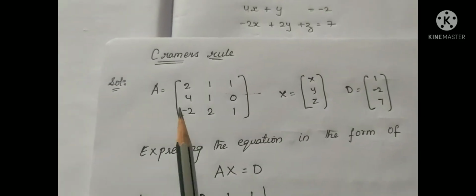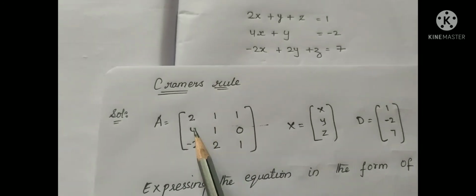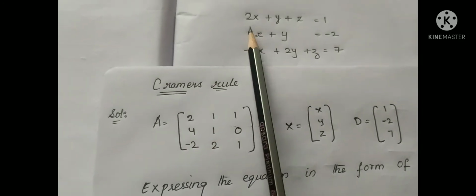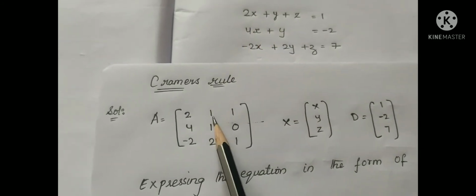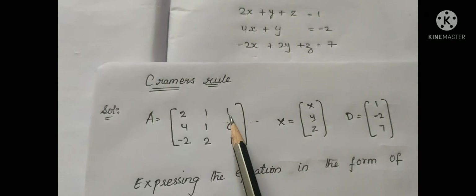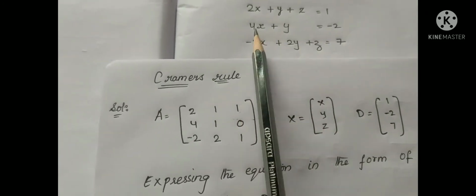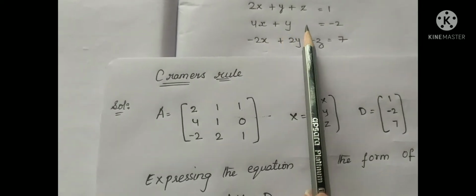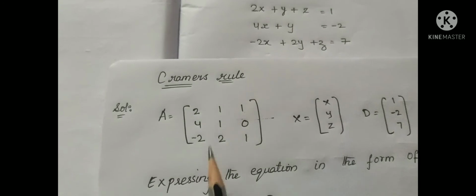We will convert these into matrix form. 2 is the coefficient of x, then the y coefficient is 1 and the z coefficient is 1. Similarly, for the second equation, 4, 1, 0, as z is not here, so 0.